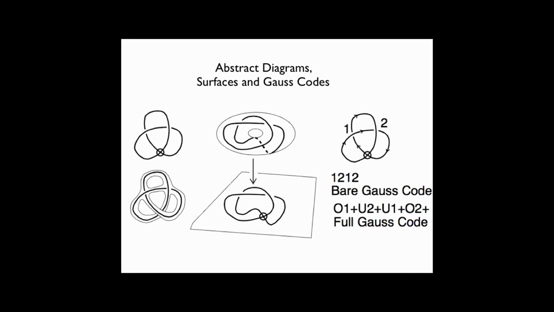In any case, let's call that the ribbon graph of the virtual diagram, or the abstract link diagram of the virtual diagram, as it was called by Kamada when it was originally invented as a way to think about knots on a surface.